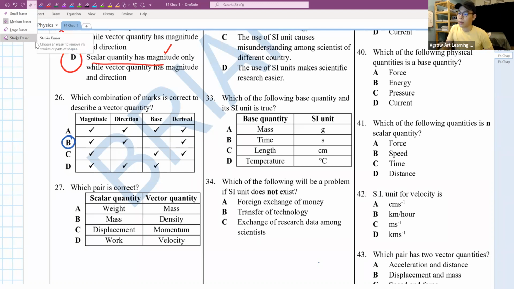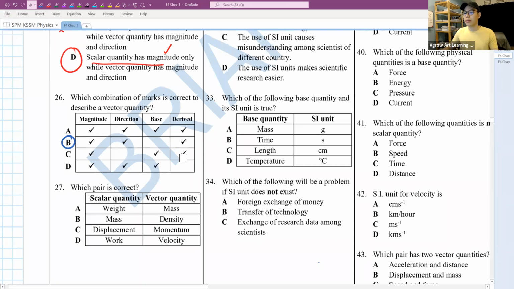Although not all derived quantities are vector quantities, some of them are. So if we look at this table, I wouldn't say this is a very good question, but if you want to pick the best answer, base quantities are all scalar, so this one cannot. And we know that a vector quantity must have direction and magnitude.